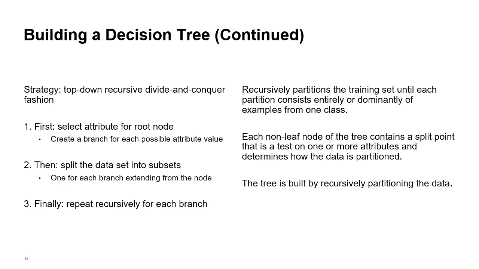Each non-leaf node of the tree contains a split point that is a test on one or more attributes and determines how the data is partitioned. Finally, repeat recursively for each branch with the first and second steps until each partition consists entirely or dominantly of examples from one class. So the tree is built by recursively partitioning the data.